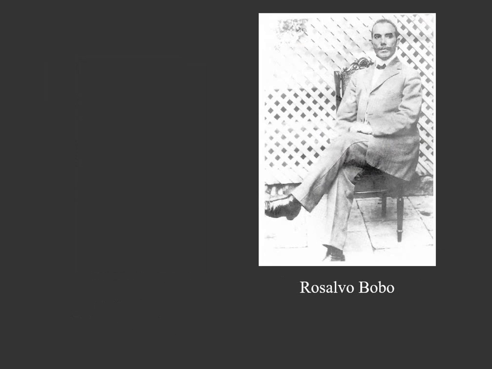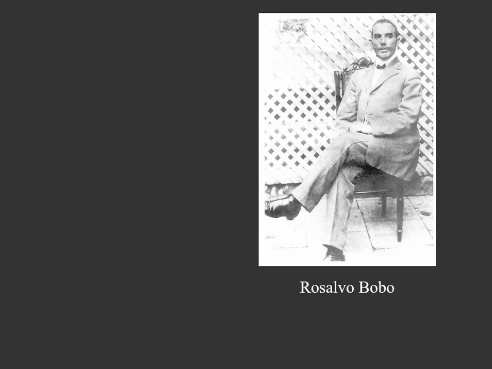The most famous of these four candidates was named Rosalvo Bobo. He was largely famous for having led some of the first uprisings against the previous president's government, the guy who got overthrown and was killed in the French embassy.